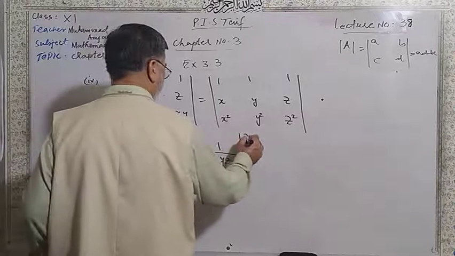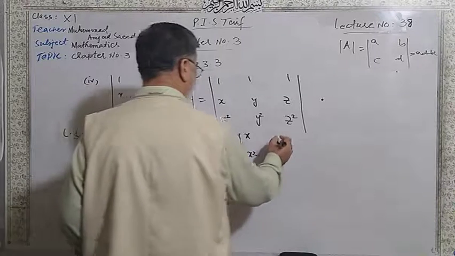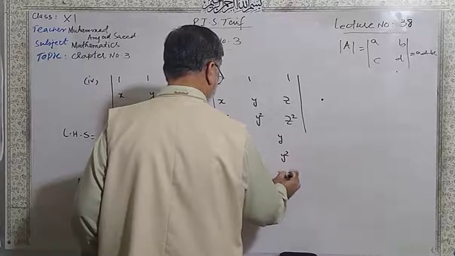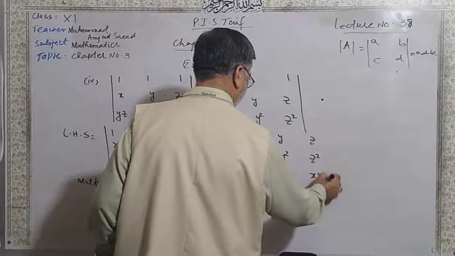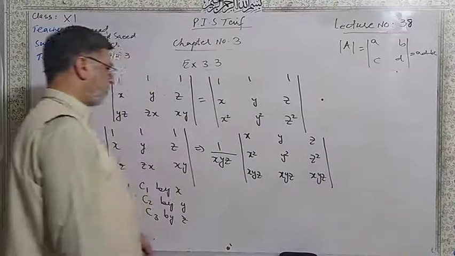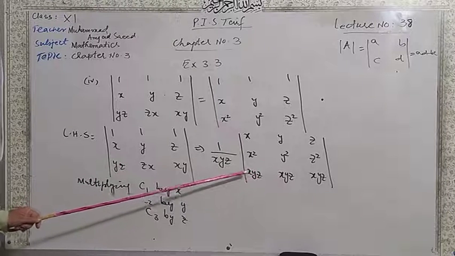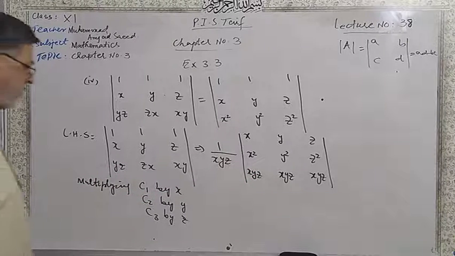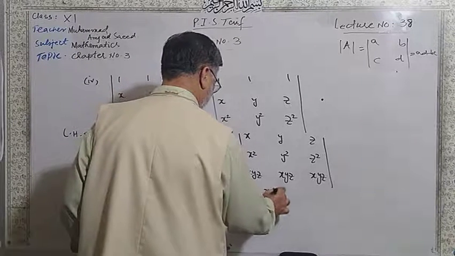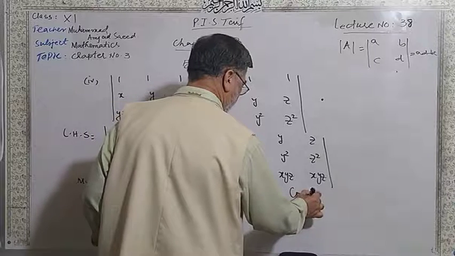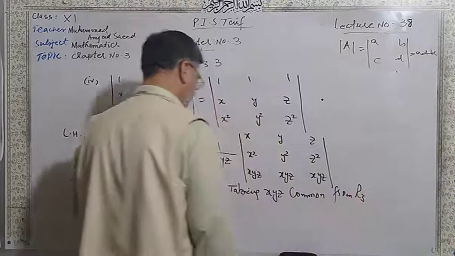So here we have x, x square, xyz. Then y, y square, xyz. Z, z square, xyz. Taking xyz common from R3.